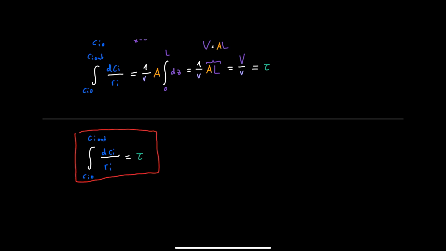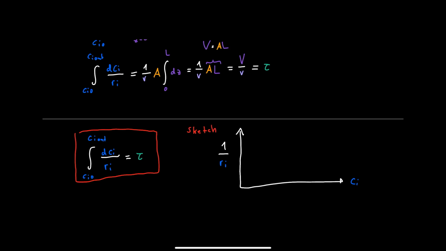So let's represent this in a more graphical manner. On the y-axis we have 1 divided by the reaction rate of the species i, and on the x-axis we have the concentration of the species i.